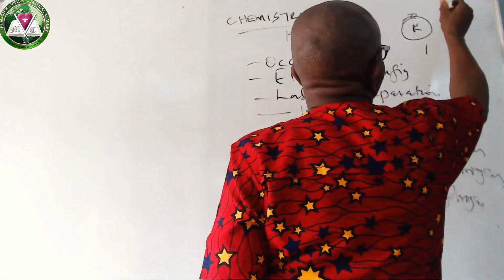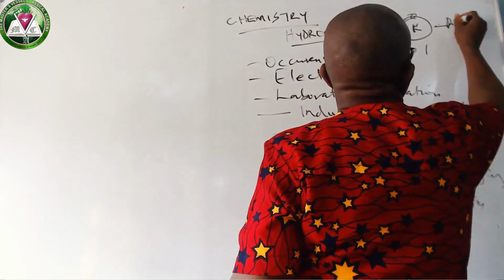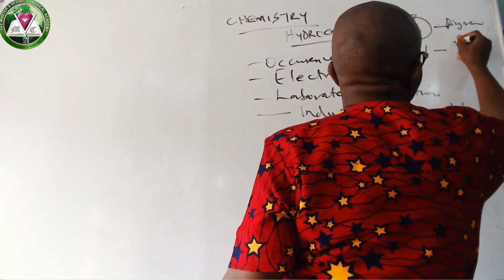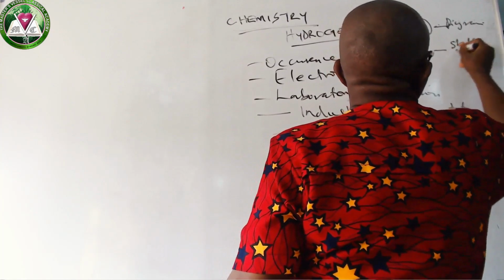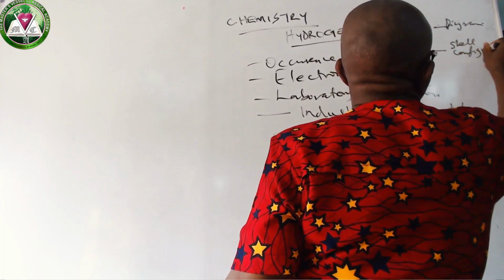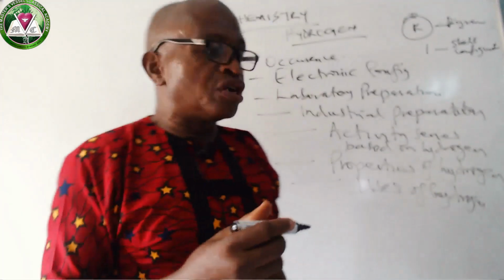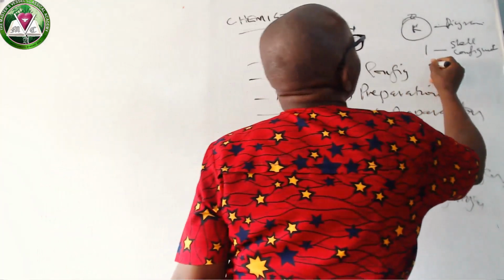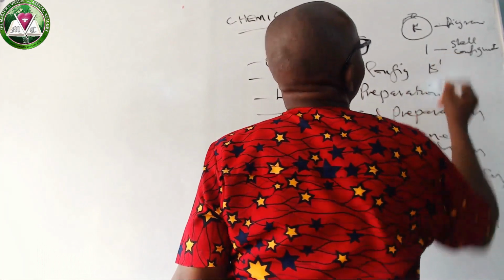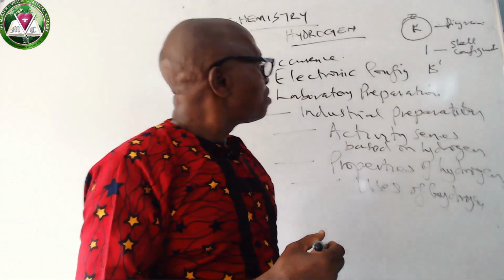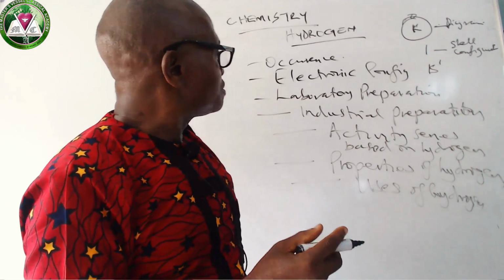This is a diagrammatic diagram. This is shell configuration. If we are writing it in SPD notation, it becomes 1s1, meaning that in the s orbital you have only 1 electron.